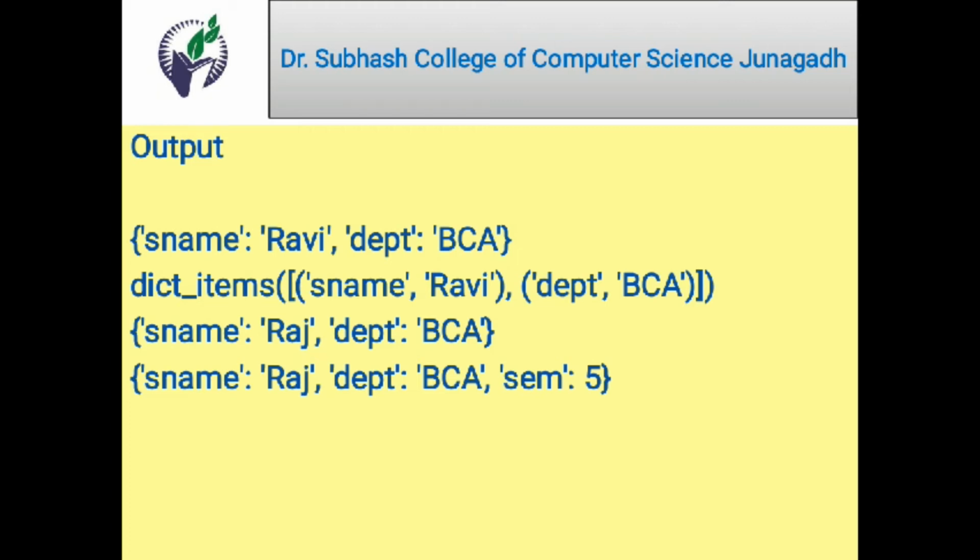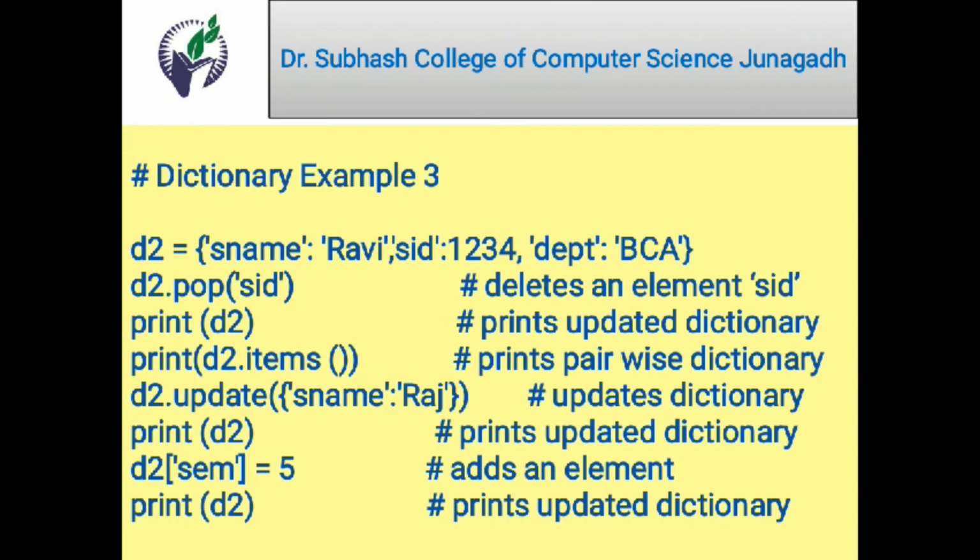Now we want to update. See, d2.update sname. Again we have to write in curly brackets the student name. Here the key is student name, the value right now is Ravi. Now I want to change it to Raj. This statement will invoke the function update, and it will update the value of the student name.